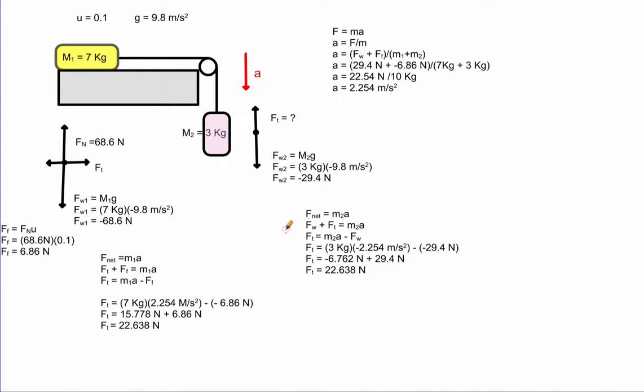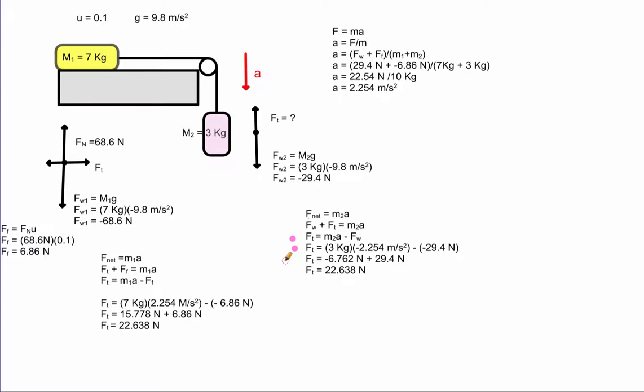Looking at the tension, again, the net force on this object, the 3 kilogram mass, is the weight and the force of tension, and that's equal to ma, the mass times the acceleration that this body is experiencing, 2.2 meters per second squared. Solving for the tension, and then substitute in the values, being extremely careful that you get your signs correct.